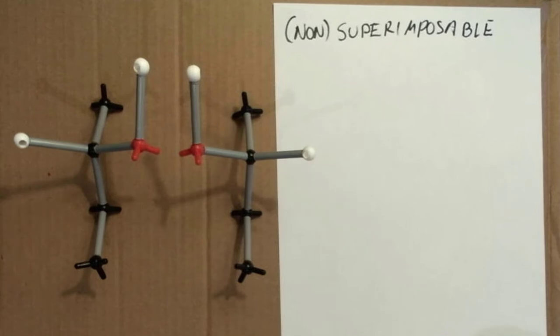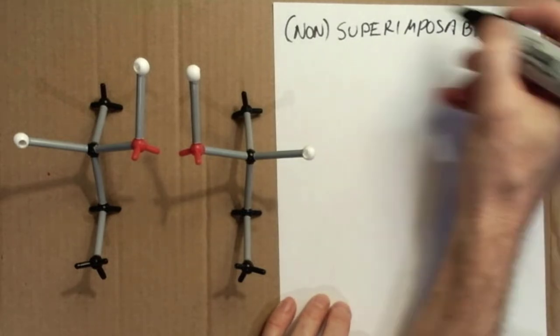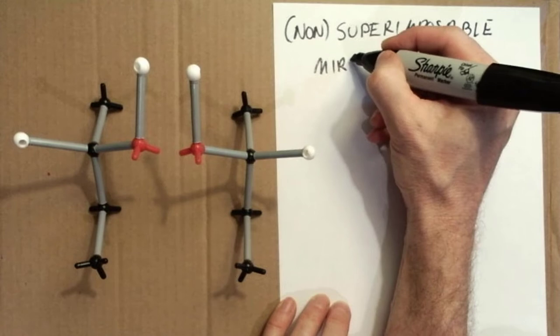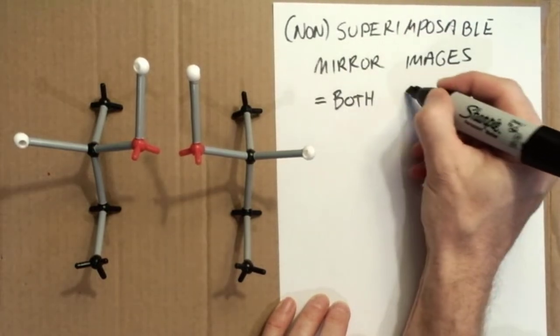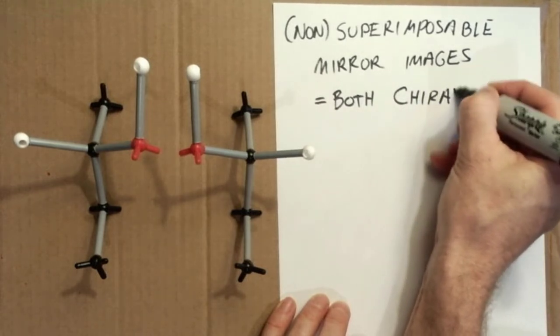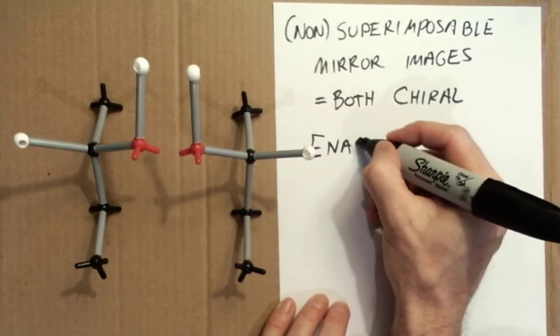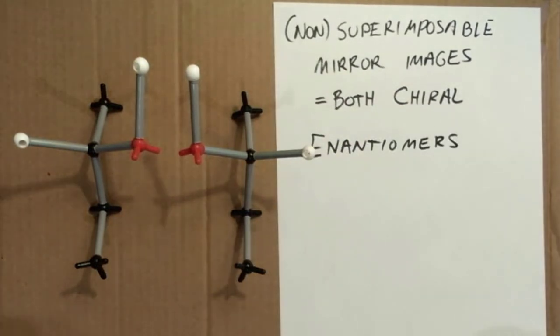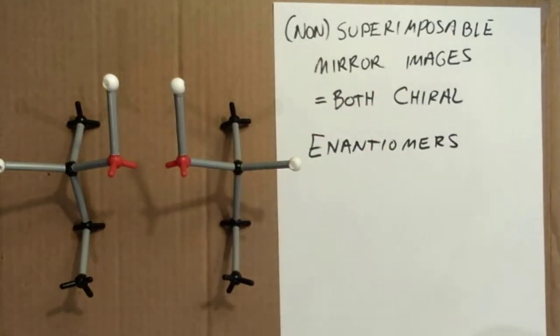And that means that because they are non-superimposable mirror images, they are both chiral, and they are enantiomers of each other. And enantiomers, by definition, are non-superimposable mirror images. And an object is chiral if it has an enantiomer, or if its mirror image is different.